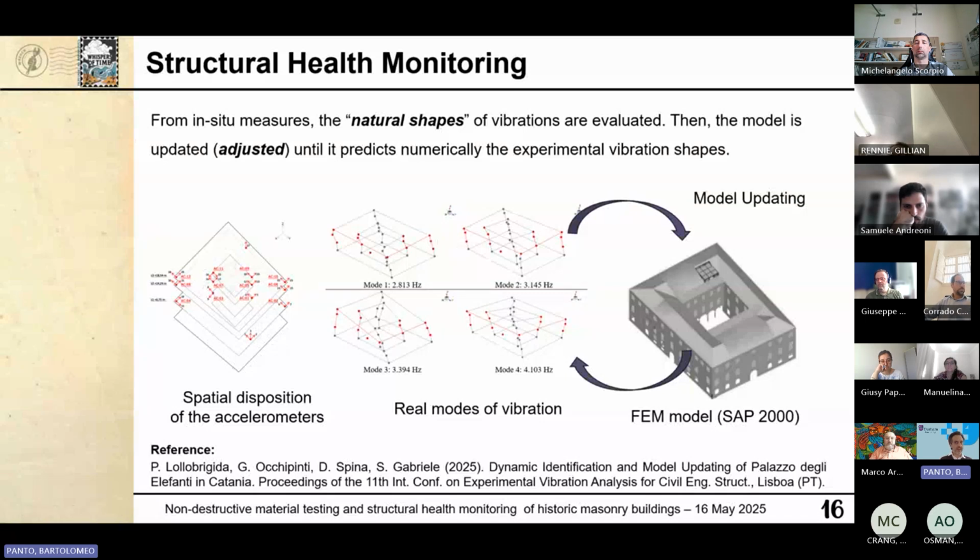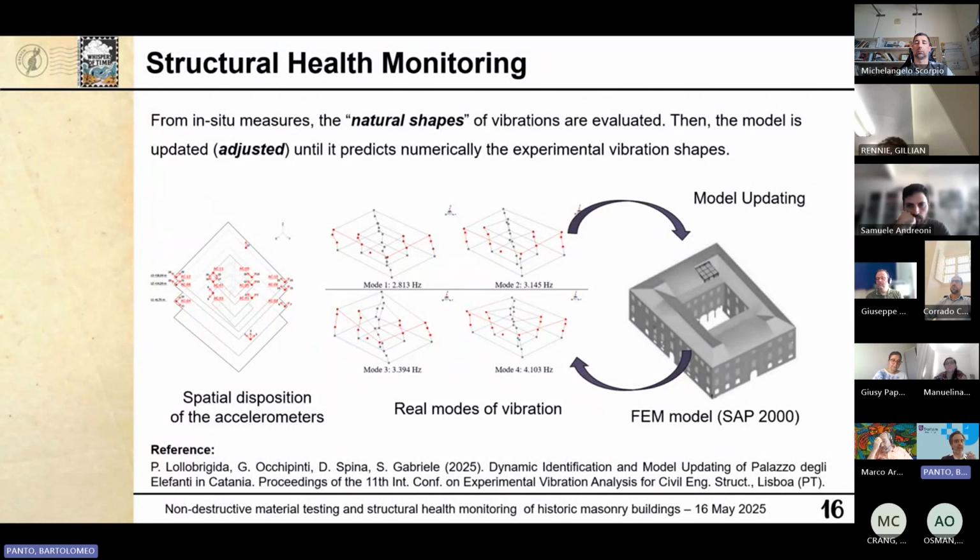There are complex mathematical demonstrations, but the idea is quite simple. Each building, each structure has some shapes that it prefers for vibrations.